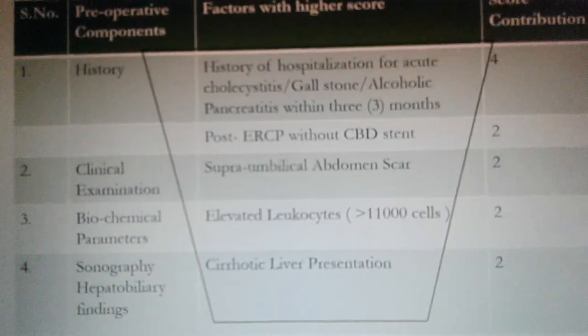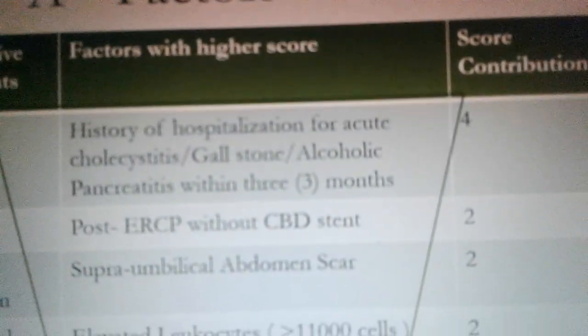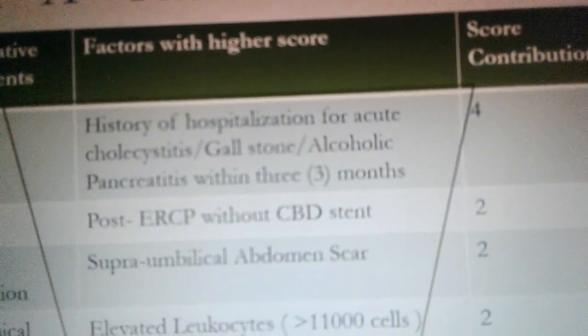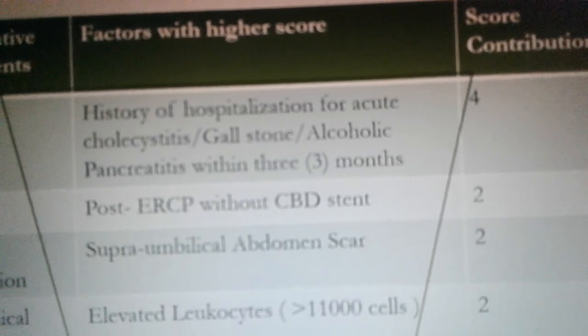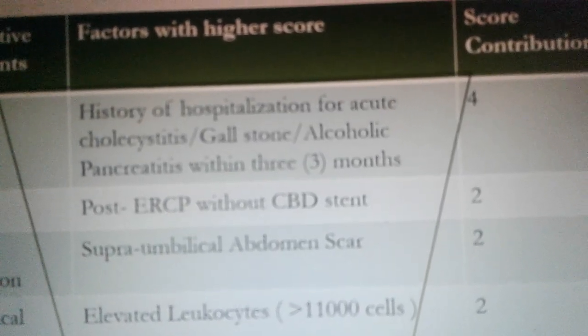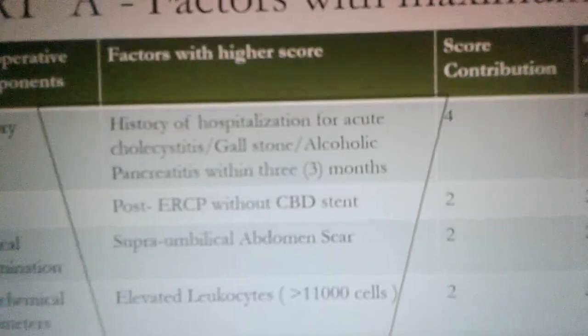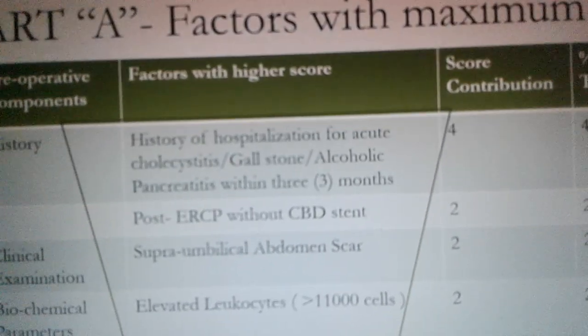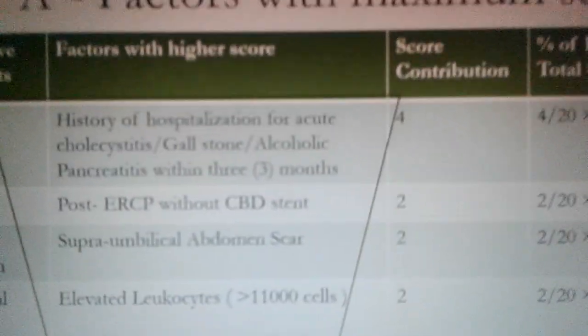In the history broad group, the most important factor with higher score is the history of hospitalization for acute cholecystitis, gallstone pancreatitis, alcoholic pancreatitis within the last 3 months. If that is there, the score contribution is 4. 4 out of 20, right?